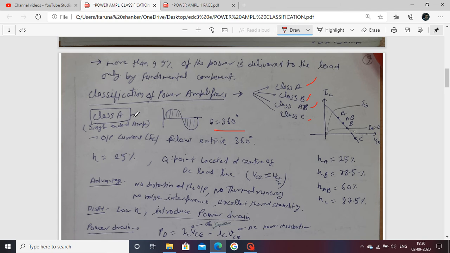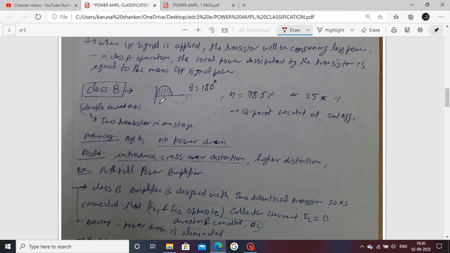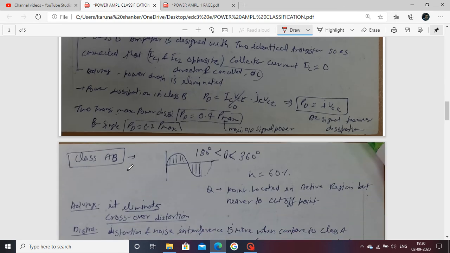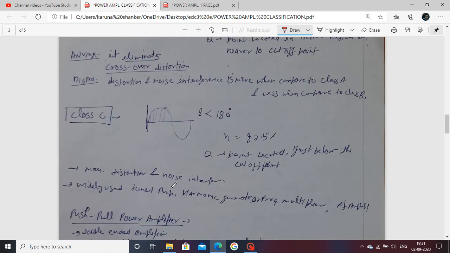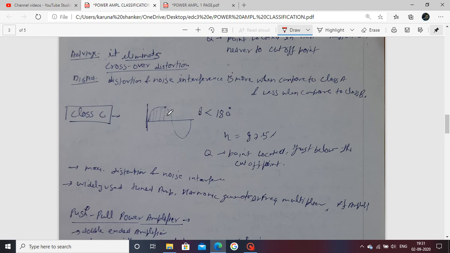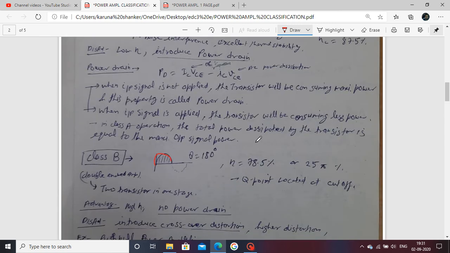Similarly, in class B amplifier, the output current flows for half a cycle, theta equal to 180 degrees. In class AB, the output current flows for more than 180 degrees and less than 360. In class C, the output current flows for less than 180 degrees.